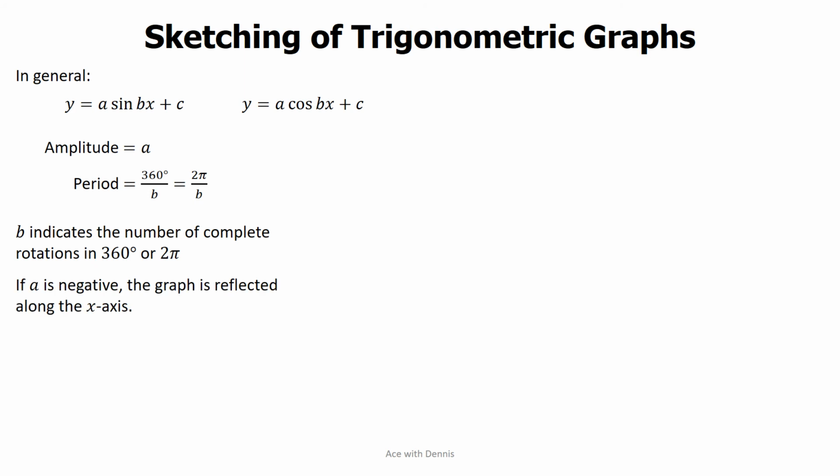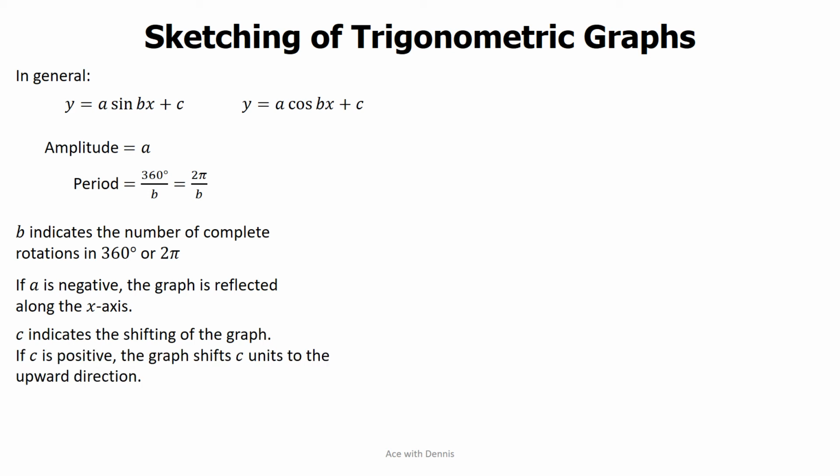Now, if a is negative, then the graph is reflected along the x-axis. c indicates the shifting of the graph. If c is positive, the graph shifts c units upward. If c is negative, then the graph shifts c units downward.